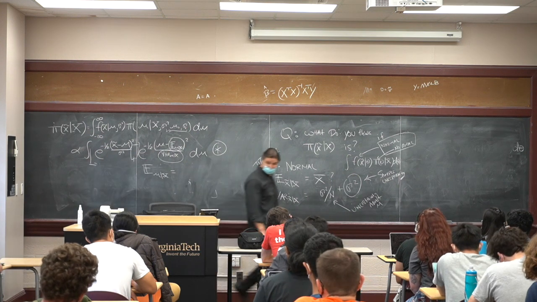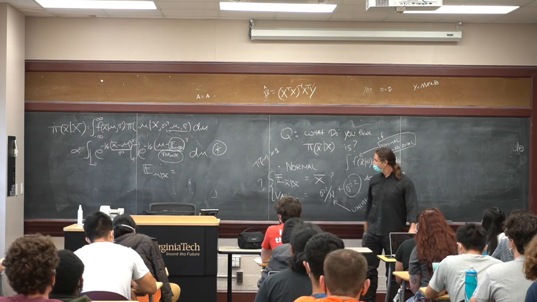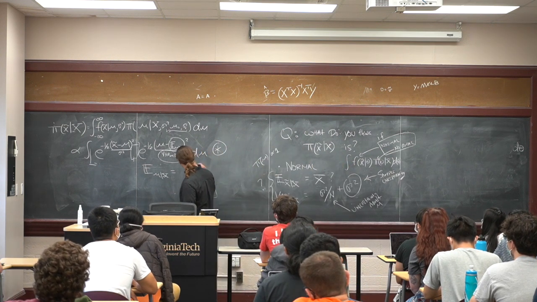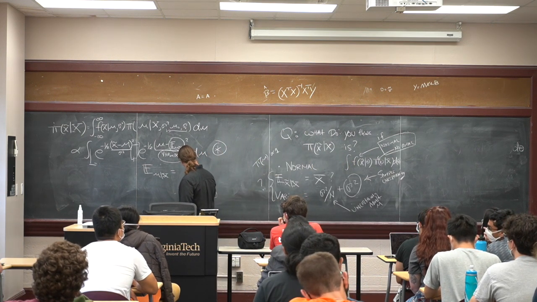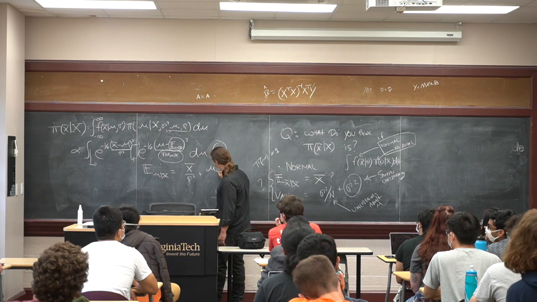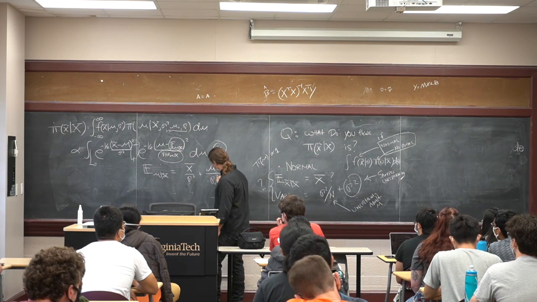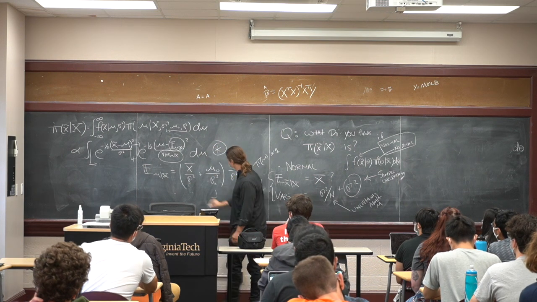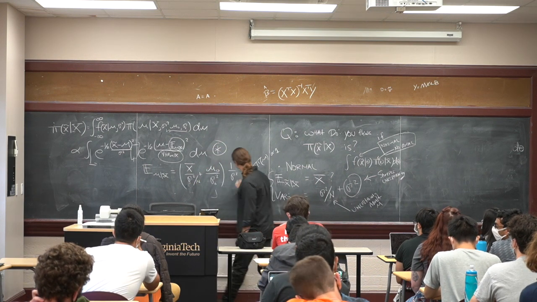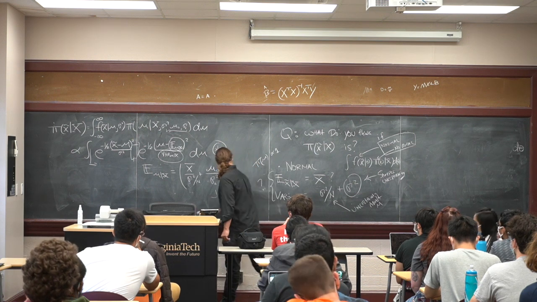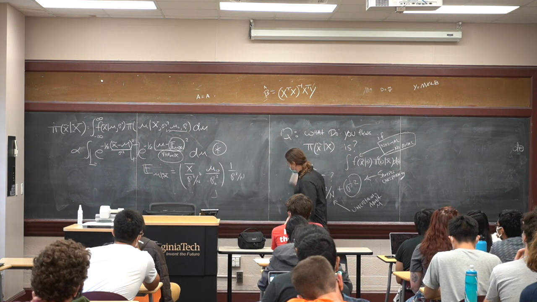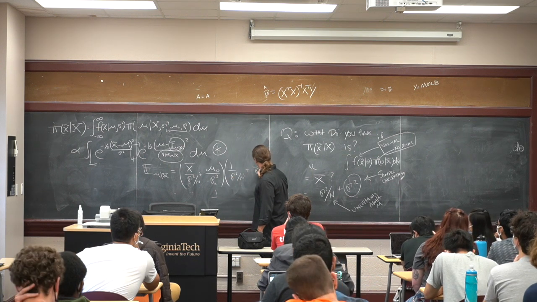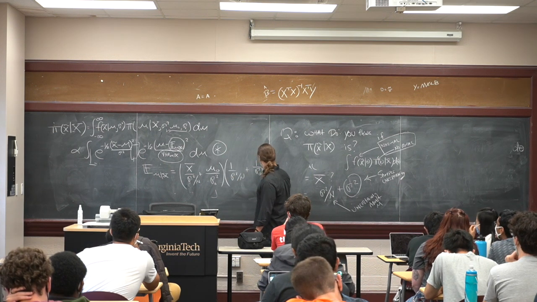When stuff is new, this is hard. I'll remind you, X bar over sigma squared over n plus mu naught over sigma naught squared, divided by 1 over sigma squared over n plus 1 over sigma naught squared. That's inverted.